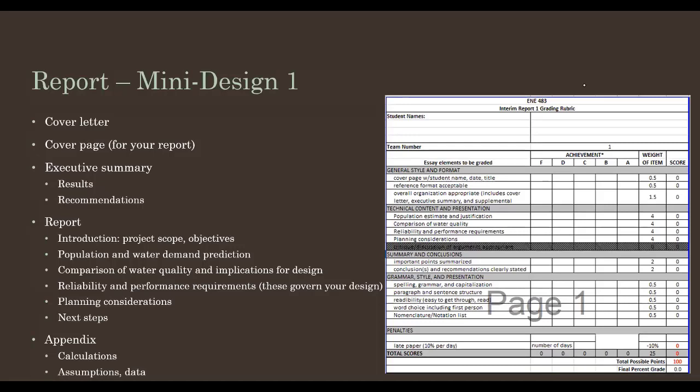Complicated tables are difficult to read. So think about, how do you summarize it? Put the calculations in the appendix. Put the summary of the data. Think about the phrase, a figure is worth 1,000 words. Can you convey that information better in a figure than you would in a table?